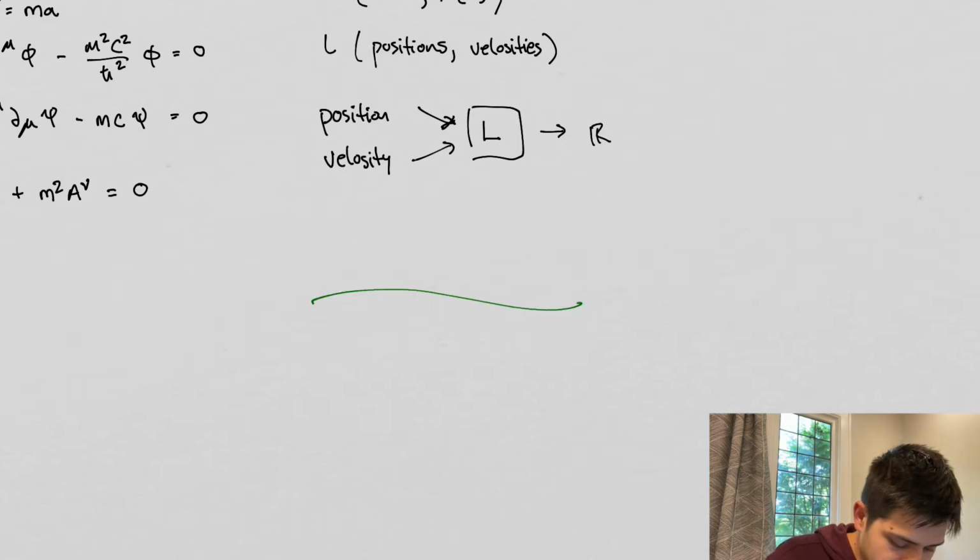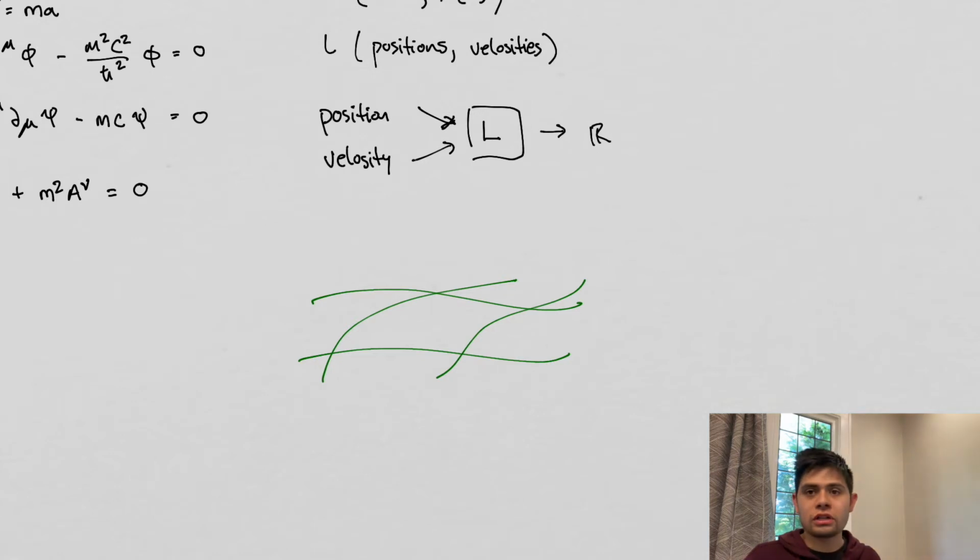Here's our field that we've built up for the Lagrangian. This is not a field of space and time, like we've been talking about with our previous fields. This is a field of position and velocity, okay?